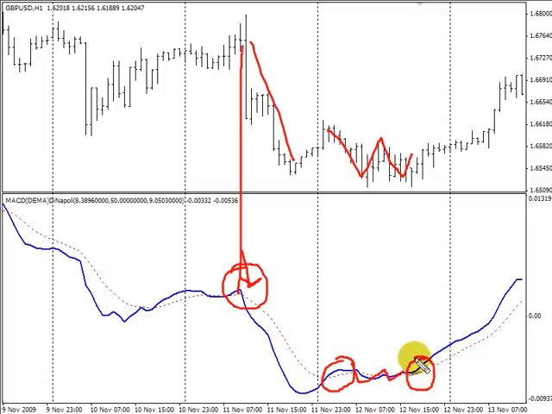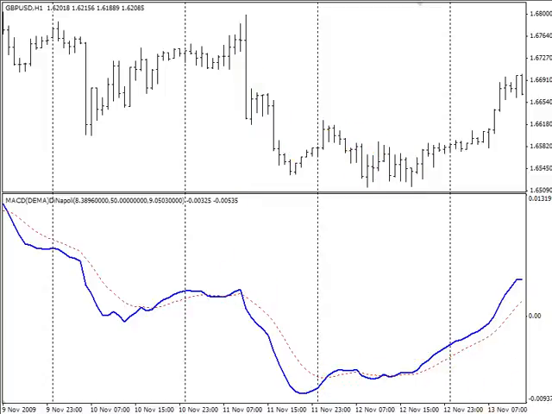Once it crossed to the upside again, it was still inside. You will plot your trend lines like so. The breakout came right in here, where the MACD completely crossed to the upside, in buy mode. So it's very straightforward and simple.